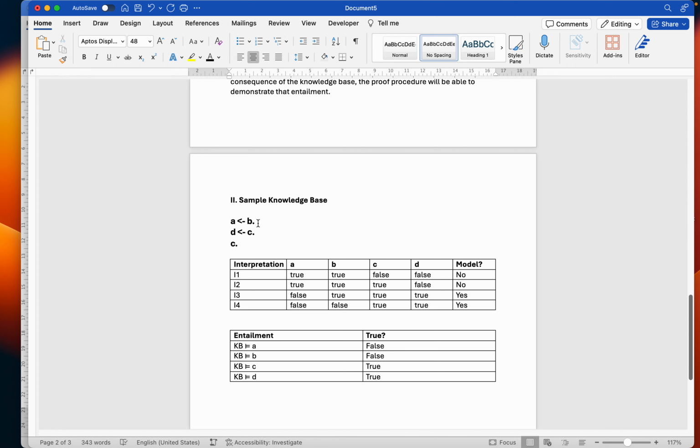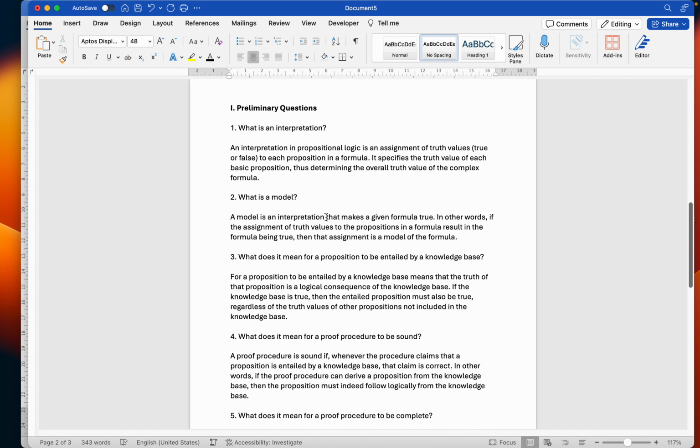In this knowledge base, we have been given that C is true, and D is dependent on C. In this table we form various interpretations of that knowledge base. So these interpretations, all the different conditions that could happen with the knowledge base, are a type of interpretation, which means the propositional logic and ideas that could form after seeing a knowledge base.